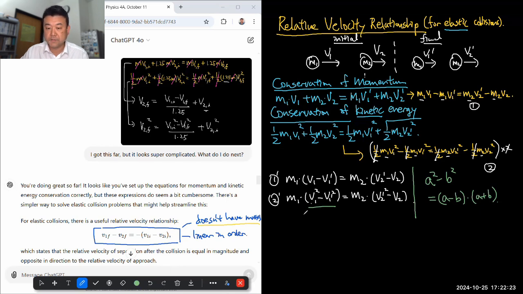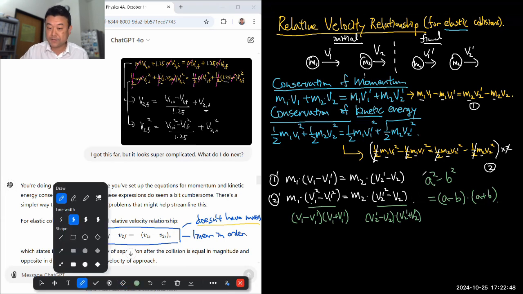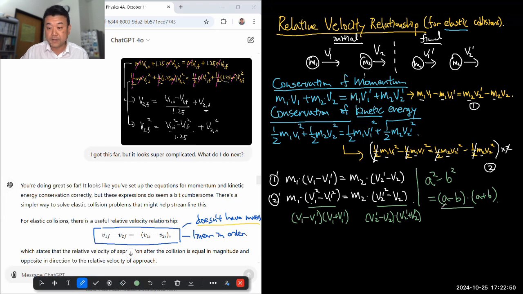So this being a, this being b, it will be (v1 minus v1 prime) times (v1 plus v1 prime). And this can be factored in a similar way, (v2 prime minus v2) times (v2 prime plus v2). Hopefully that sounds familiar. Now, if it doesn't sound familiar, then you can verify. Take the expression here, expand it out. You will see cross terms cancel, and you'll be left with a squared minus b squared.